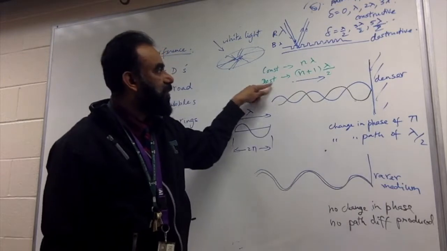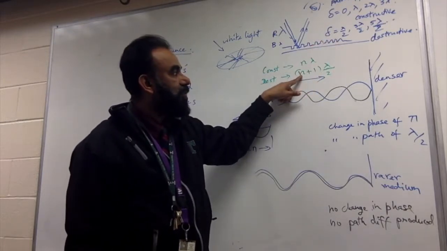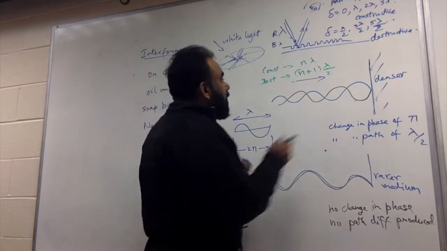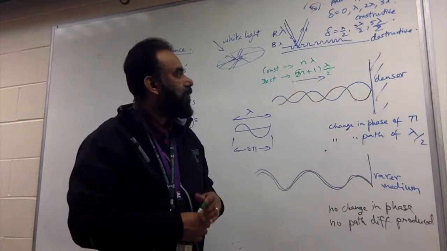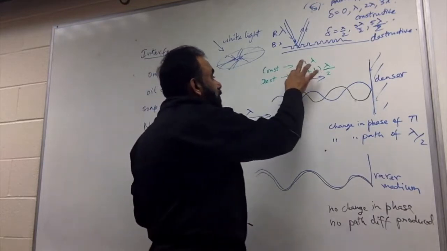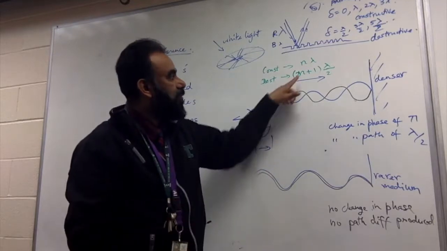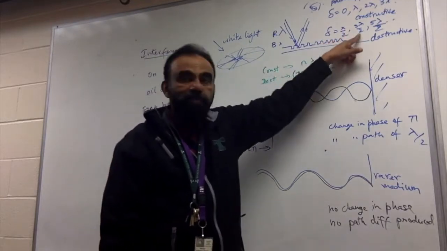Now for destructive, when n is 0, it's lambda over 2. When n is 1, oh no, these are supposed to be odd. Oh, 2n, sorry. 2n plus 1 lambda over 2. So when n is 0, this one. When n is 1, it will be 3 lambda over 2.